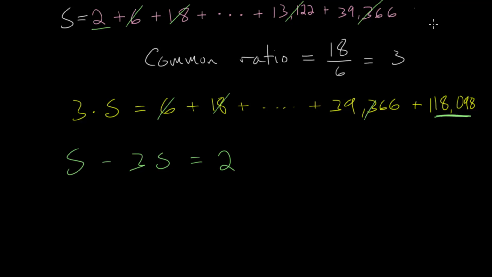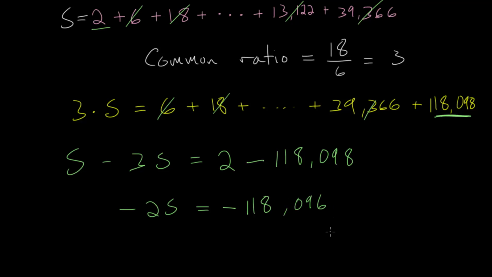So we are subtracting this term, so it's minus 118,098. And you'll see this makes sense that we have a negative here since S minus 3S simplifies to negative 2S. And 2 minus this number would be negative 118,096. And then from here, we just need to solve for S.